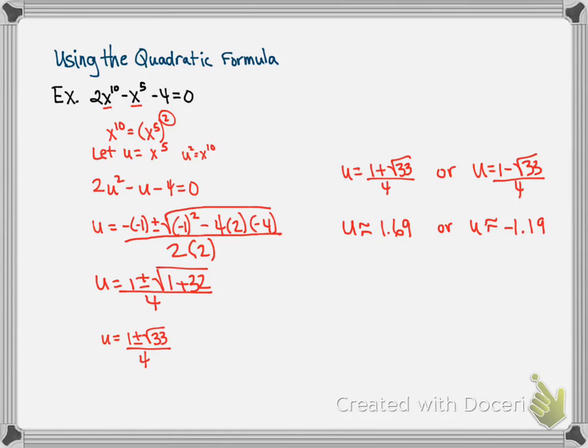Remember, u is equal to x to the 5th. So x to the 5th is approximately equal to 1.69. Or x to the 5th is approximately equal to negative 1.19. Use your calculator to take the fifth root of both sides. X is approximately equal to 1.11 or negative 1.03.